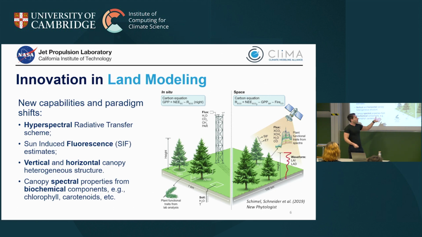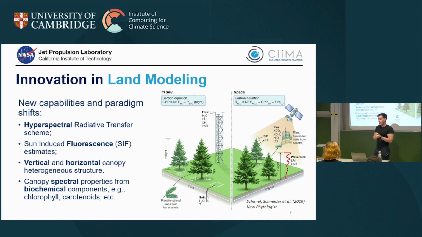So the idea of using the same type of metrics but from space means that we can cover the whole planet. Some of the new capabilities and paradigm shifts in CliMA-Land are that our radiative transfer model is hyperspectral instead of 2 bands. We can simulate sun-induced fluorescence. We can have vertical and horizontal canopy heterogeneous structure represented in these models.